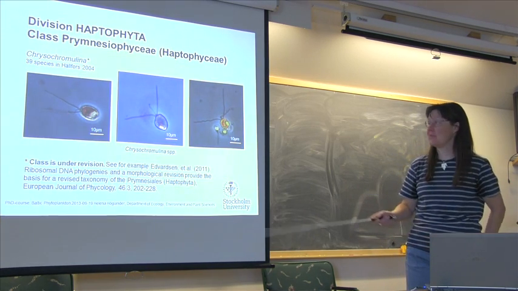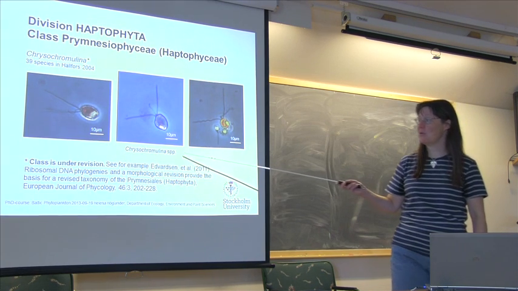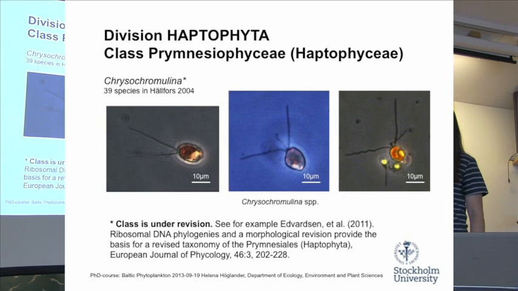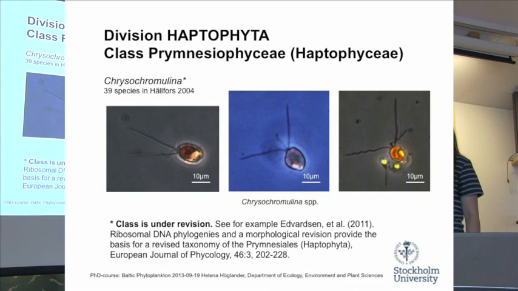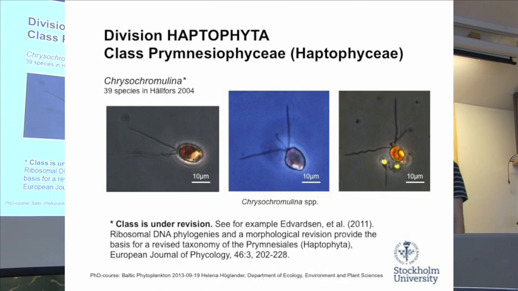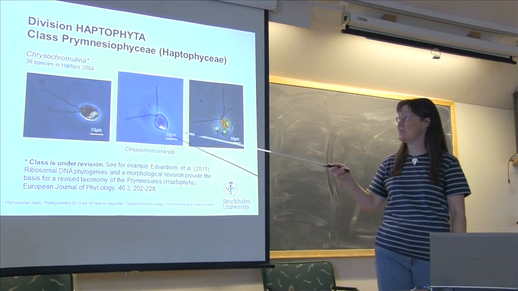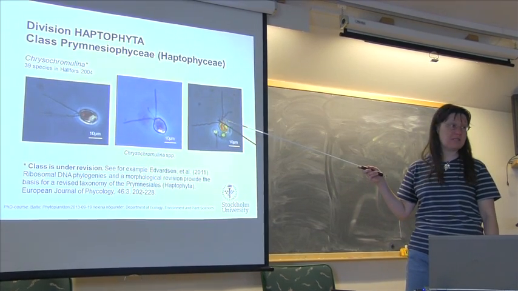But this has before been called Chrysochromulina, this most common genus, but this class is under revision. There is a lot of different groups going on. So in the monitoring, we have thought about just using either the class Prymnesiophyceae or different size classes, because in monitoring they're small, it's very difficult to distinguish between the different species.